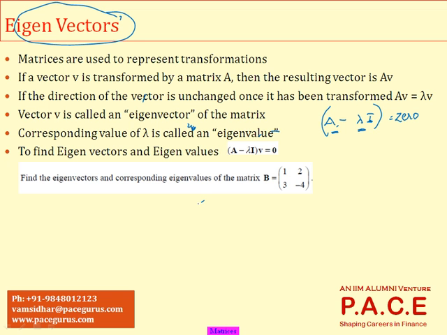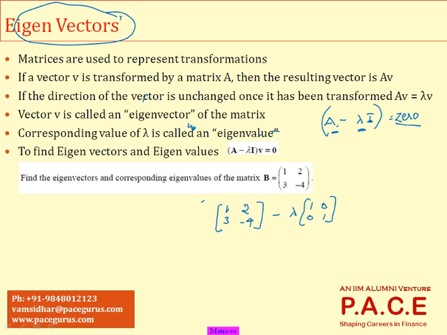So the simple logic, I think it is better understood using the example. I take this example, 1, 2, 3, minus 4. If I subtract lambda I, I need to find out that particular lambda which makes the determinant of this particular matrix 0, not a zero matrix.